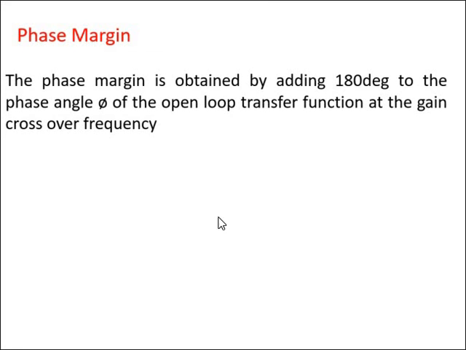Next one, phase margin. The phase margin is obtained by adding 180 degrees to the phase angle phi of an open loop transfer function at the gain crossover frequency. So phase margin gamma is equal to 180 degrees added to the phase angle at omega gc. Here gc means gain crossover frequency.